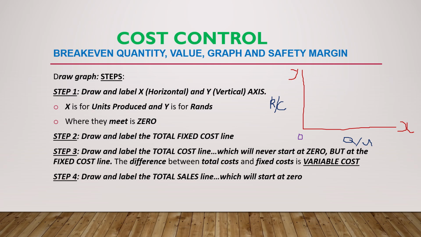Your x-axis represents units produced, and these units are actually units produced and sold. And your y-axis is for rands or costs. Where they meet is 0.